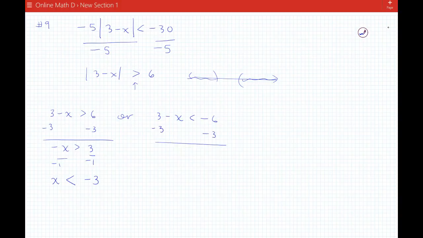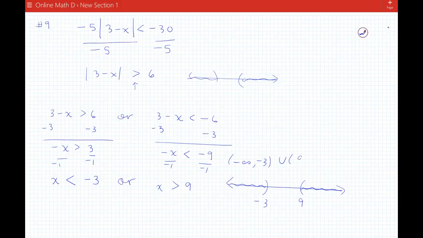Subtract 3 from both sides, get negative x is less than negative 9, but when I divide both sides by negative 1, I reverse the inequality, and there's an or in between. So x is less than negative 3, or x is bigger than 9. And then my interval notation flows right out of my number line solution. So that's number 9.